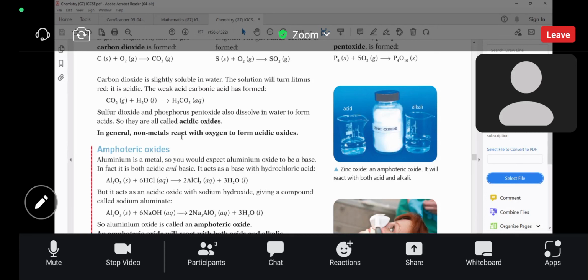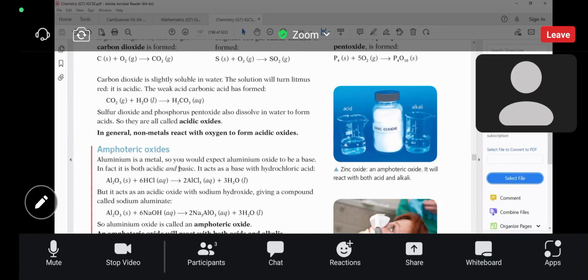Now amphoteric means what? They show both acidic and basic properties. Now neutral oxide means? They are neither acidic nor basic.